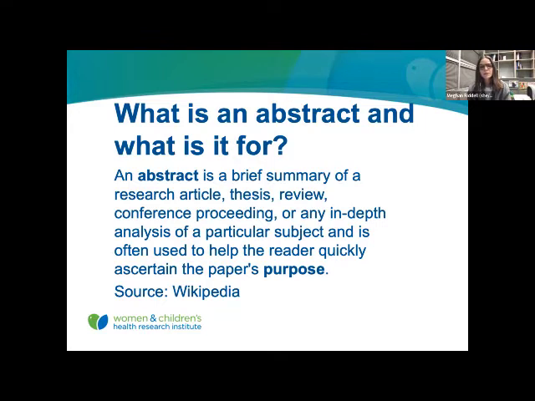And ultimately, we need something that will help everyone save time. That's really what an abstract is for, to help people move through huge volumes of information to quickly identify the things that they're interested in investing their time and their brain capacity in order to learn about it.